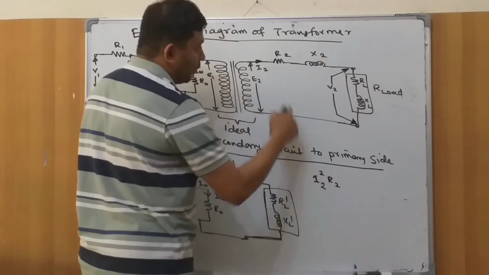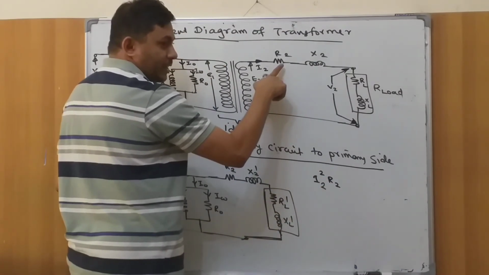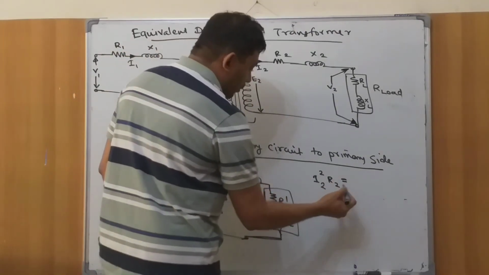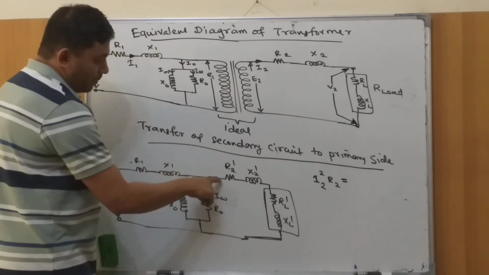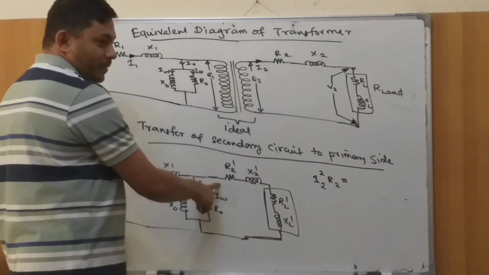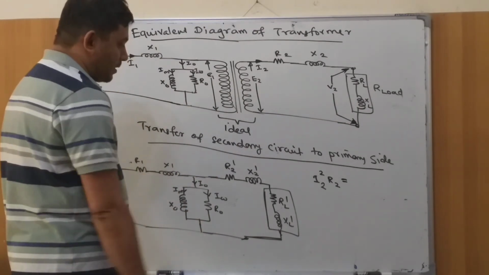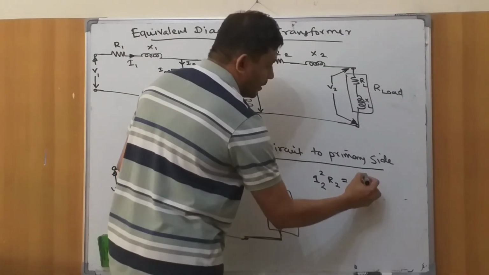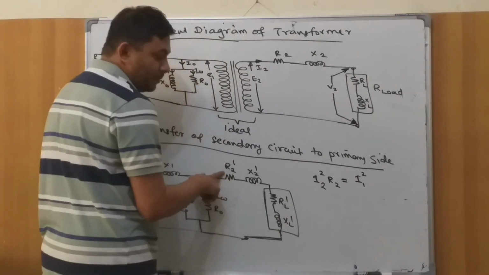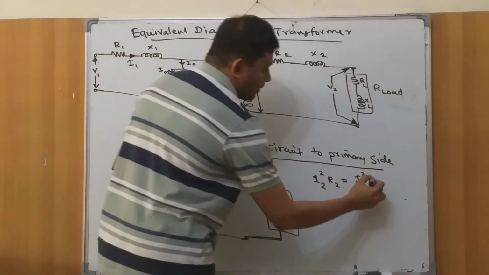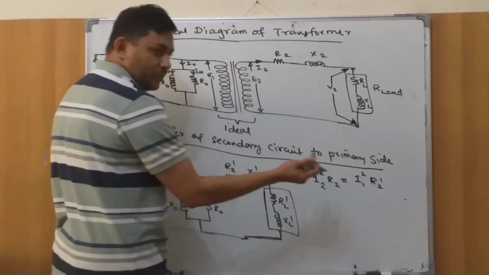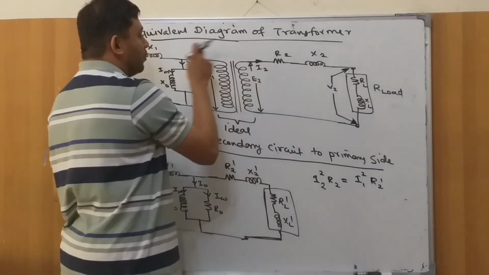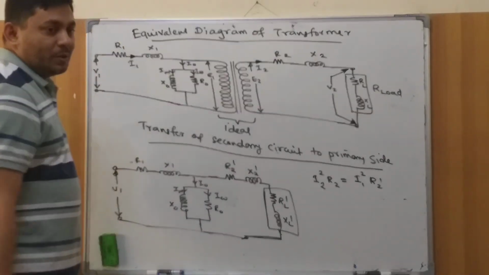Now, when you move the same thing to the primary, this current becomes I1. So the primary current squared multiplied by the value becomes R2 dash, because we just move the resistor from this side to this side. When it is here, the current was I2. When it is moved here, the current becomes I1.